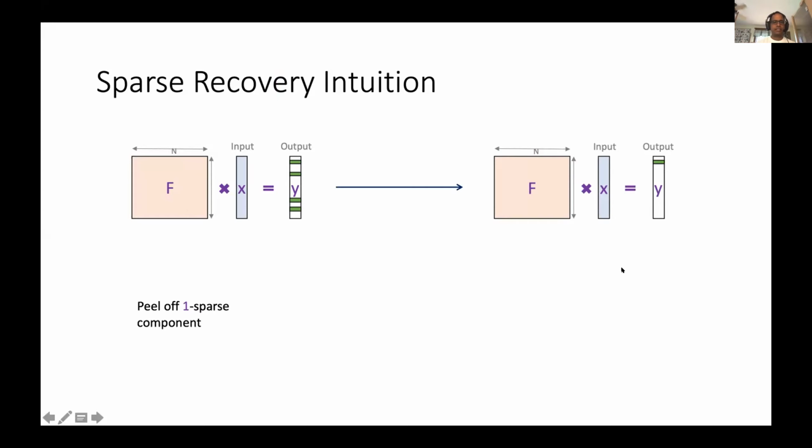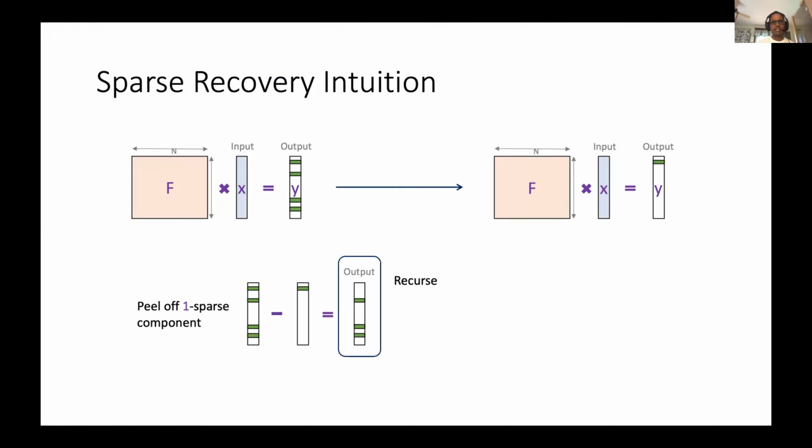And then you basically peel off, kind of subtract off, this one-sparse part to get something which is k minus 1 sparse. I'm simplifying this a bit, since in many of these algorithms you actually recurse from k to k over 2 and so on. But one of the things that, at least intuitively, is said is that this one-sparse step you solve by a black box method.